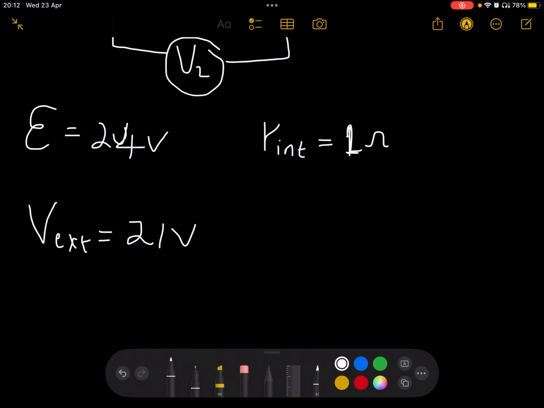Now, what do we do with such information? The first thing I can do is to calculate the total current. I can literally calculate the total current with all of this.